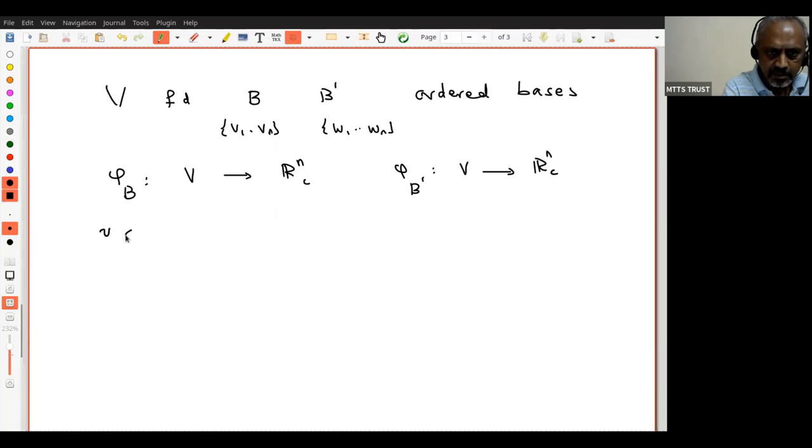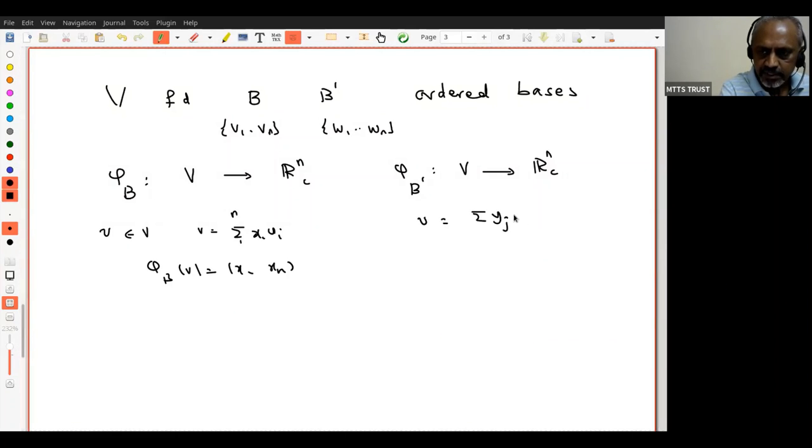If v, with respect to B, I write as the summation xi vi, i from 1 to n, then phi B of v will be (x1, ..., xn). And in the same way, v I can write as the summation yj wj, j again from 1 to n. Therefore, phi B dash of v will be (y1, ..., yn).